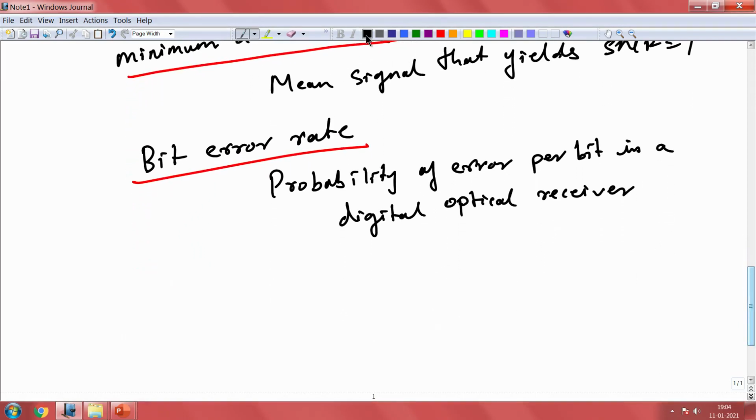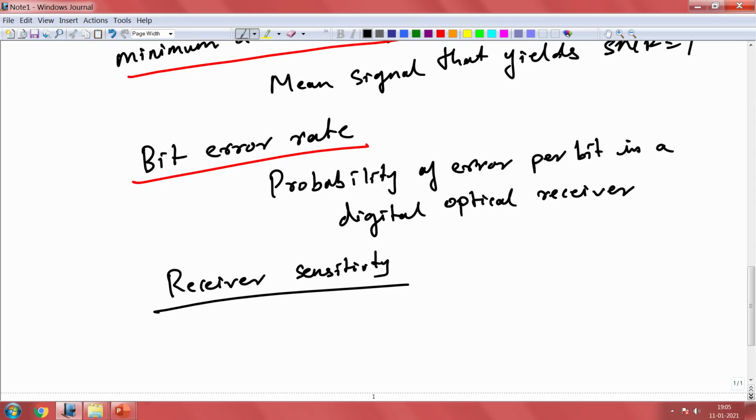And finally, receiver sensitivity. Receiver sensitivity corresponds to your SNR here. So, what is the minimum detectable signal? The SNR is going to be 1.